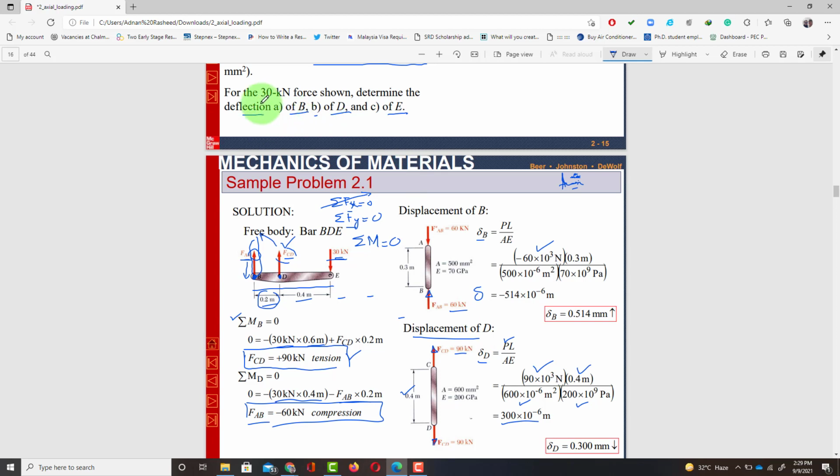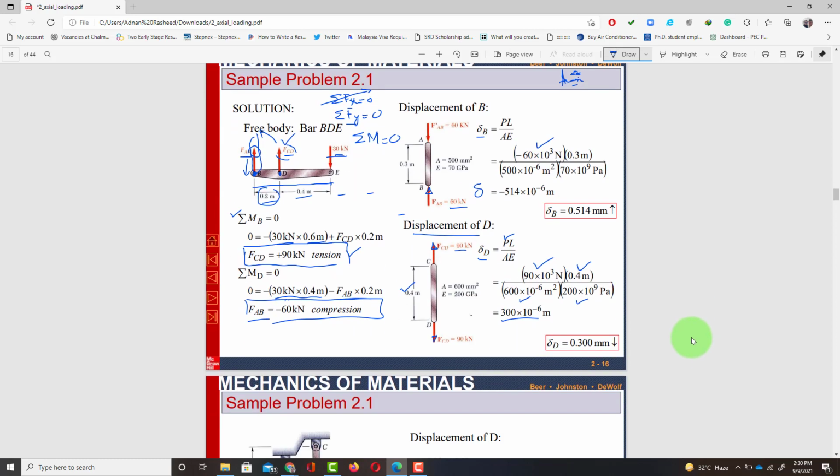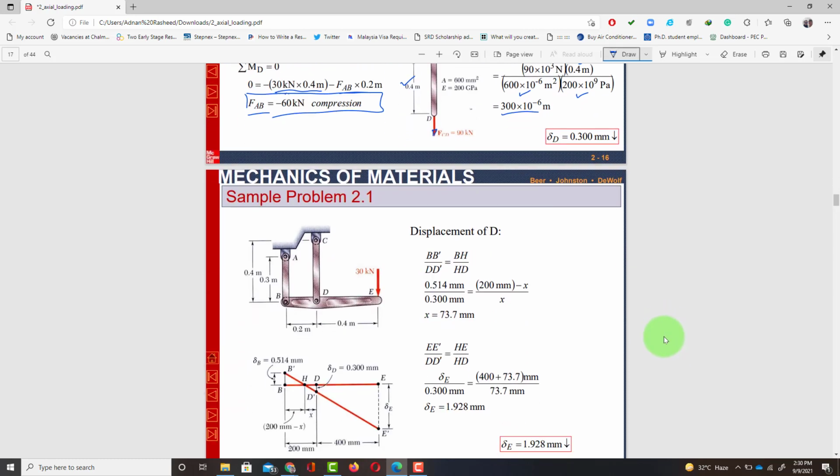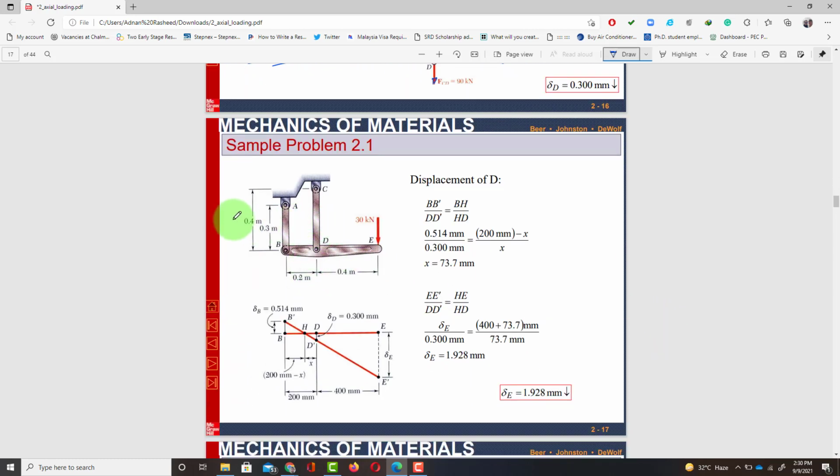So in this problem you have up till now calculated part A, which is deflection at B, and part B, deflection at D. Now we will find the deflection at point E. For that we have to draw a simple diagram like that. So this was the initial problem.